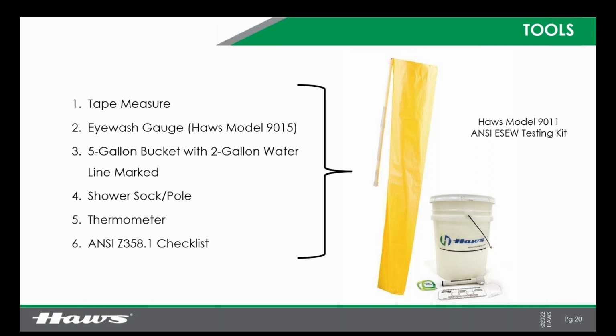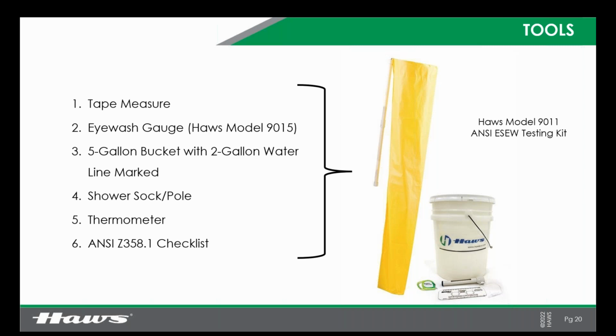Okay, this is our 9011 test kit. And again, you're going to need some tools to help to get this going. Number one, you need a tape measure. There's a lot of things that we're going to have to measure, and I'll cover that later. You need an eyewash gauge. This was given to us by the Z358.1 standard.